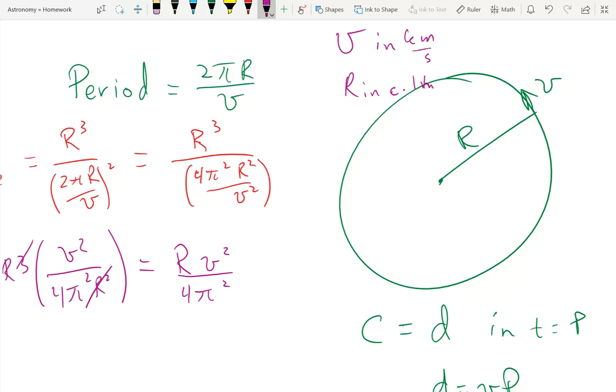So when you do that calculation, if you just look at this, your units are going to be distance times distance over second squared, so we're going to have distance cubed over time squared, and then we're going to have to convert those units.